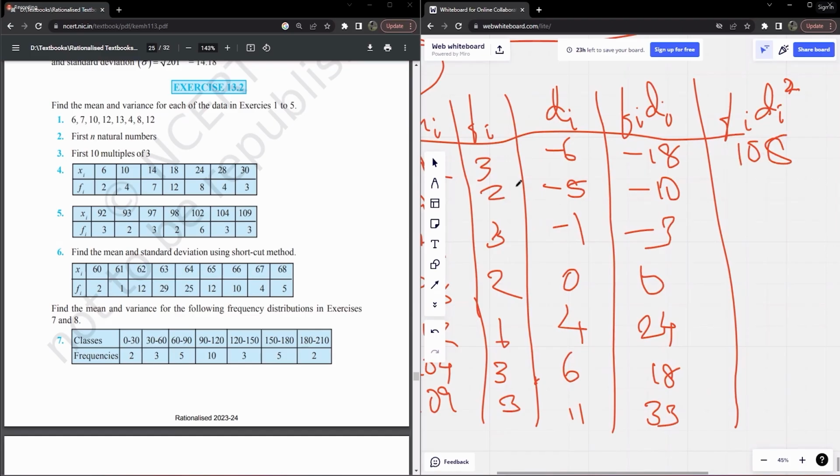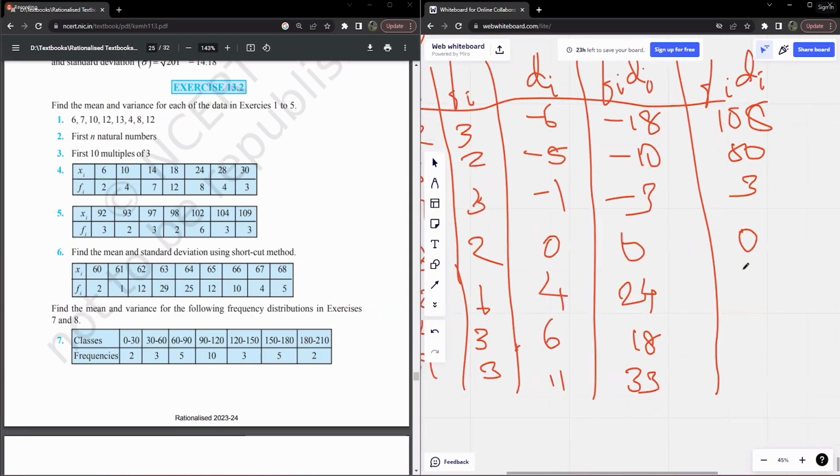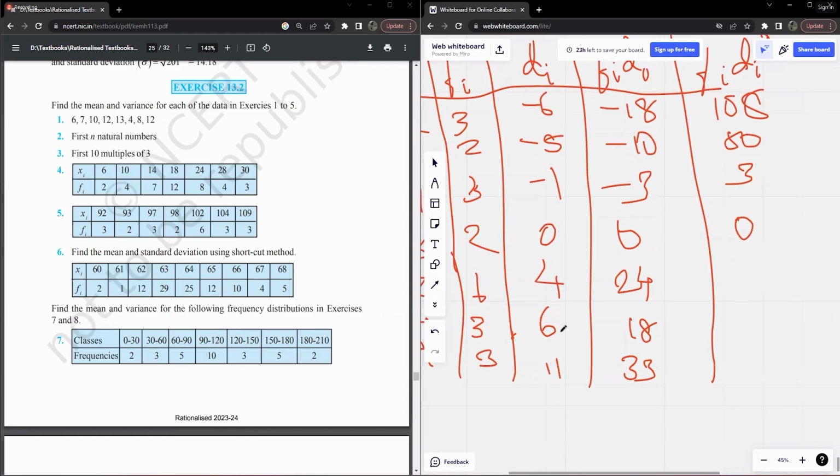You have 25 twos are, that's 50. You have 1 into 3, that's 3, and 0. And you have a 16 into 6, that is 96. You have 36 into 3, that's 108 again. And you have 11 square, 121 into 3, that's 363, right?